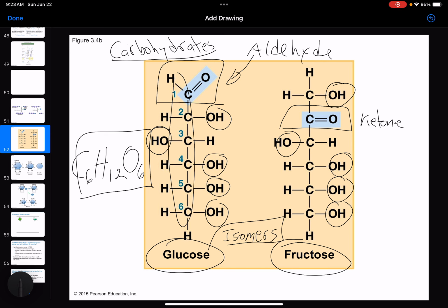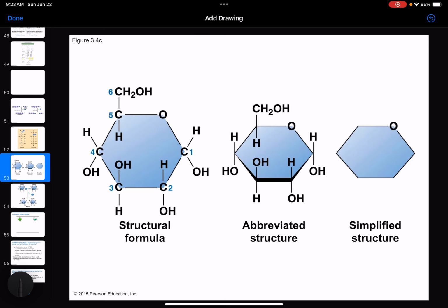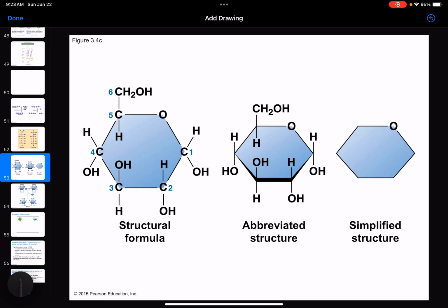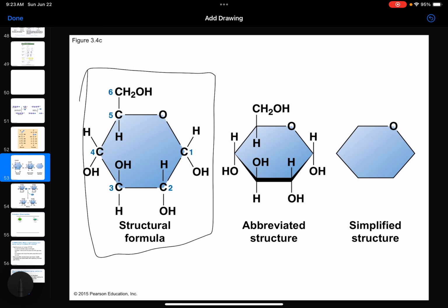Okay, so let's get into simple versus complex carbs. What you're looking at here is a model of what glucose actually looks like in nature. So this glucose that we're showing you here in the linear form, this one here, is not really the way it looks in nature. It looks more like this very busy looking molecule. But this is the way we actually want you to know it. We want you to know the simplified version of it, right?